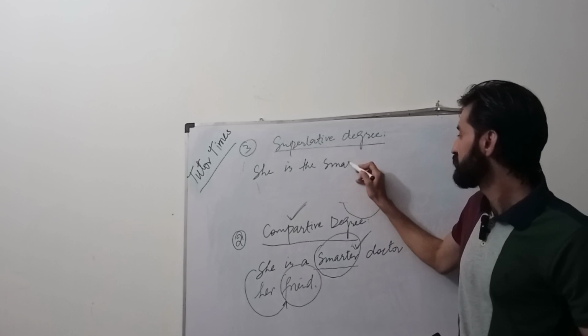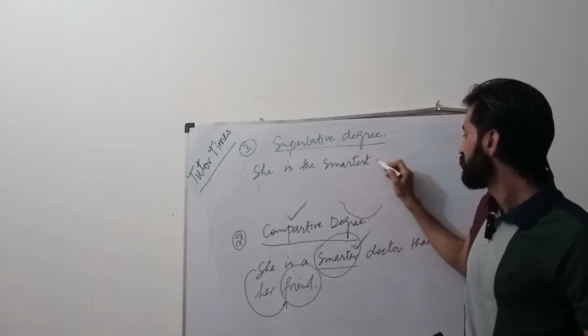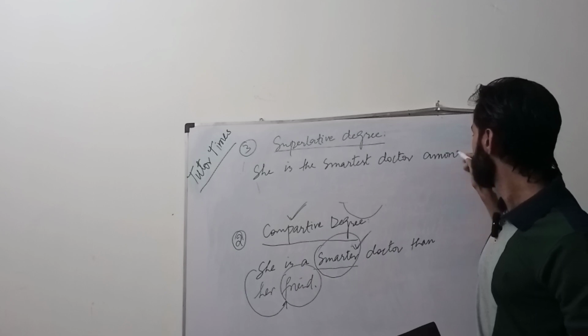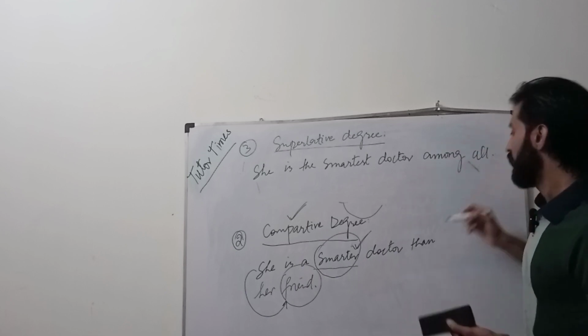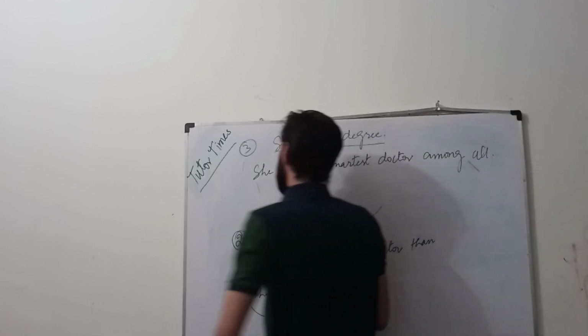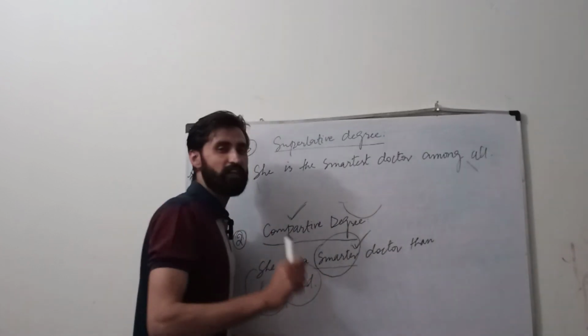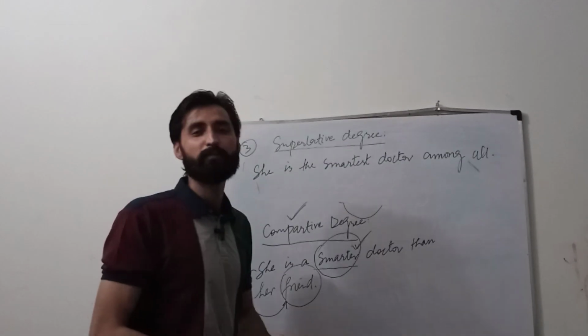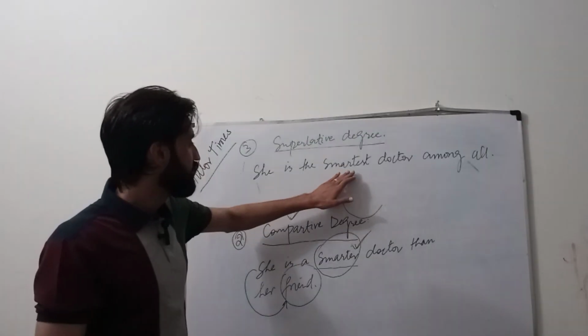Now if I take the same example, so it would be like that she is the smartest doctor among all. अच्छा, अब इस सेंटेंस को आप देख लें. I have taken the same word just to make the comparison and to make it easier to understand. तो यहाँ पर आप देखें smartest.